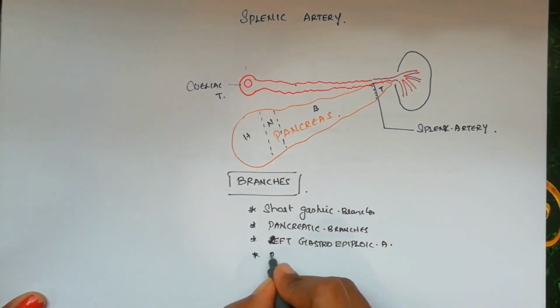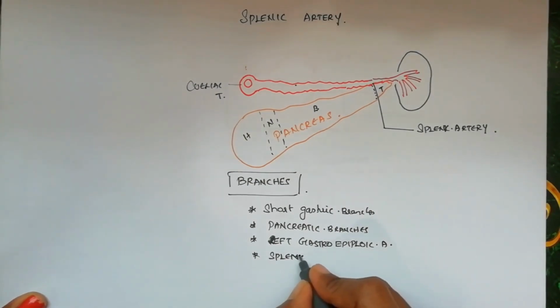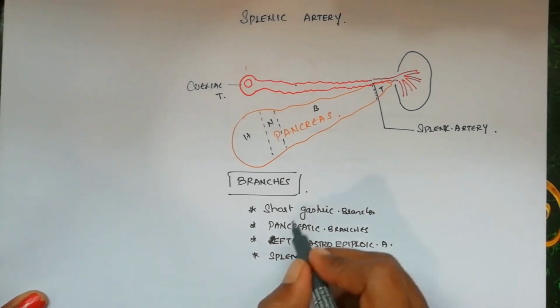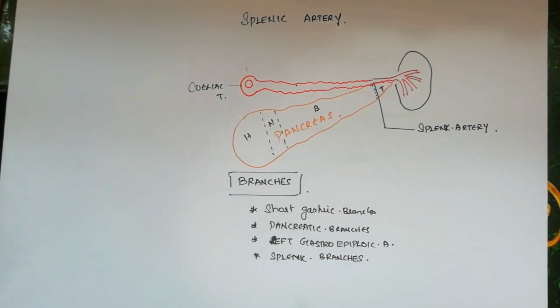Along with that we have some splenic branches or terminal branches ending up in the spleen. So this is how we have the branches coming out from the splenic artery.